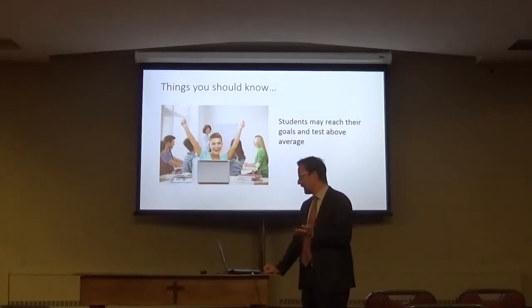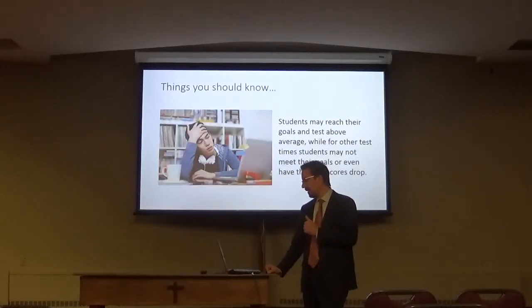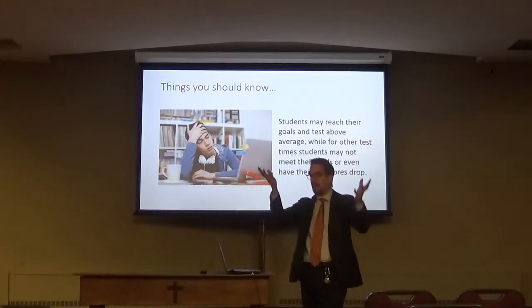Students may reach their goals and test above average one time, so maybe this year, this first test here in September, your student did great, but that also means that the next time, their January test, the results will be different. And we've already noticed that because we did a trial run last April, and now we did it in September. We've already seen some scores really flip-flop.